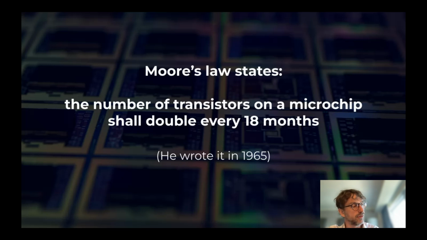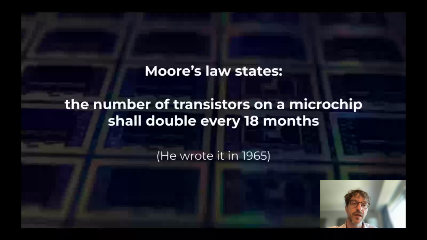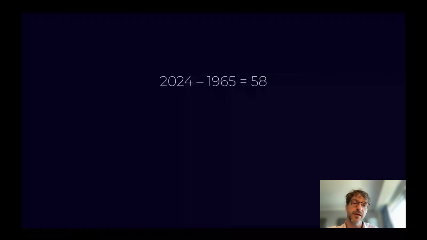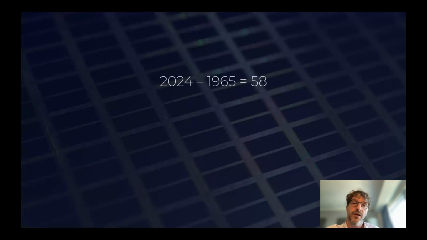Our staffing models, our obsolescence models, our innovation models, our business plans, everything was based on the fact that computers double in strength every 18 months. Now, 58 years have passed since Gordon Moore, who was the CEO of a company called Intel, wrote this law.